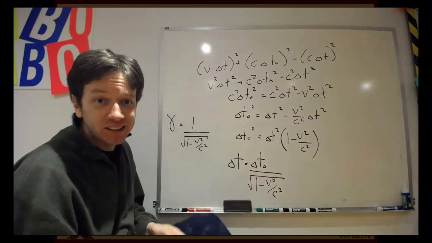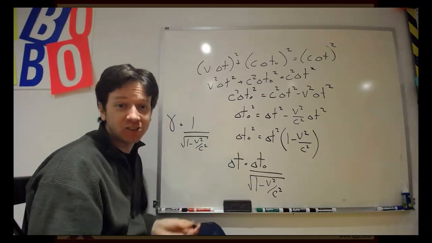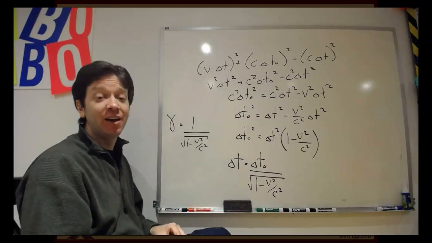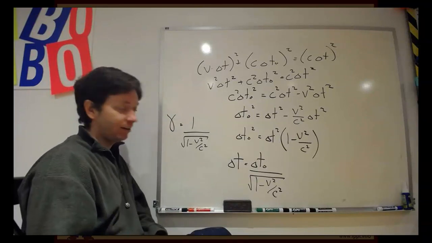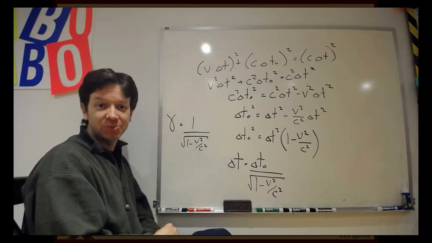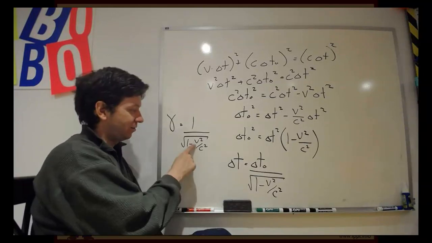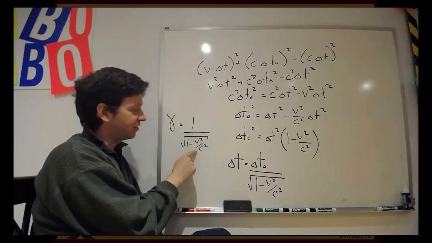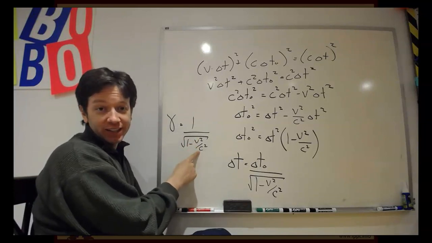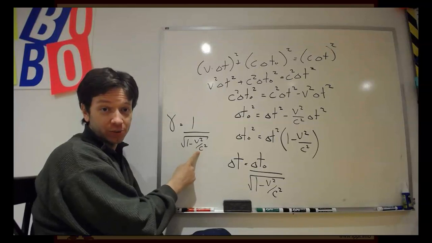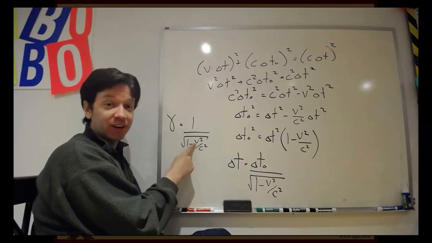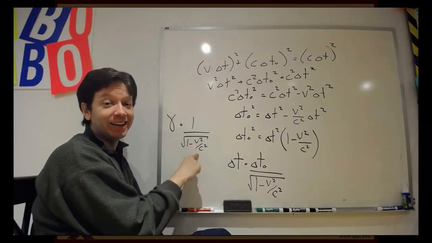Now, in everyday circumstances, you're in your car that's not traveling 3/4 the speed of light, maybe 100 kilometers per hour. Okay, change 100 kilometers per hour to meters per second. It's like 30 something. So take 30 squared and divide it by 3 times 10 to the 8 all squared. That's a very small number divided by an enormous number.